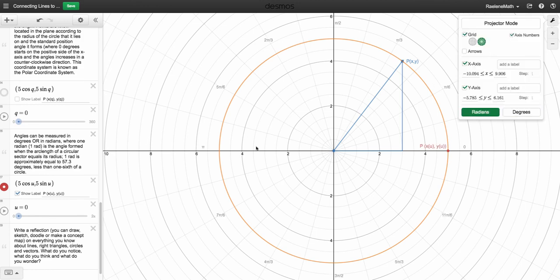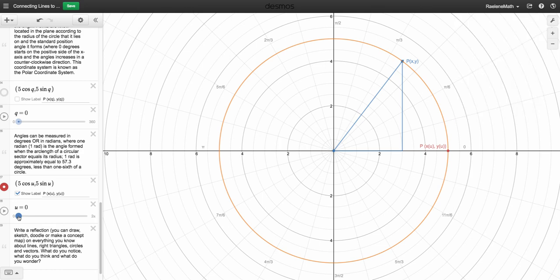And when we change to radians, then we're going to go around in increments of pi over 18, which is 10 degrees, just like we did for the other case.